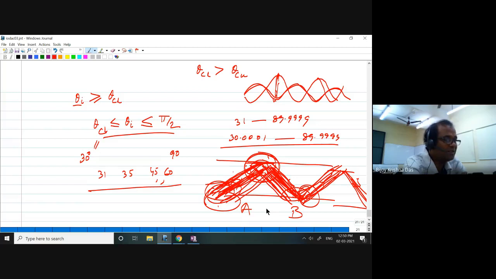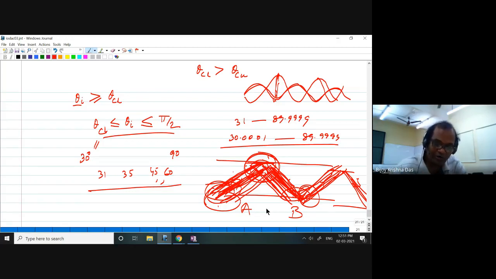Light emerging from A has a certain amplitude and phase, and emerging from B it will have a certain amplitude and phase. If these two phases differ by something that is not an integer multiple of 2 pi, then a problem occurs. My whole point here is that total internal reflection is not the only condition.